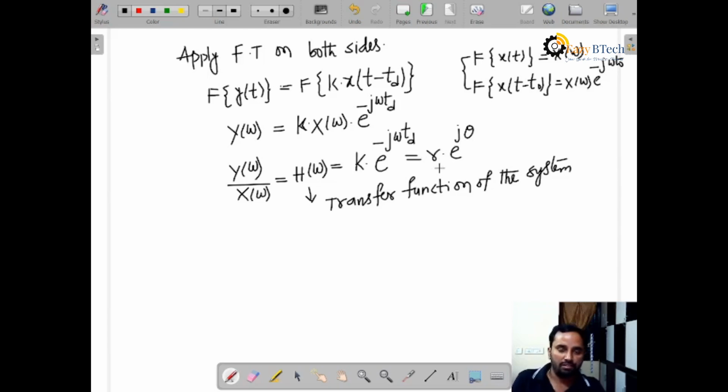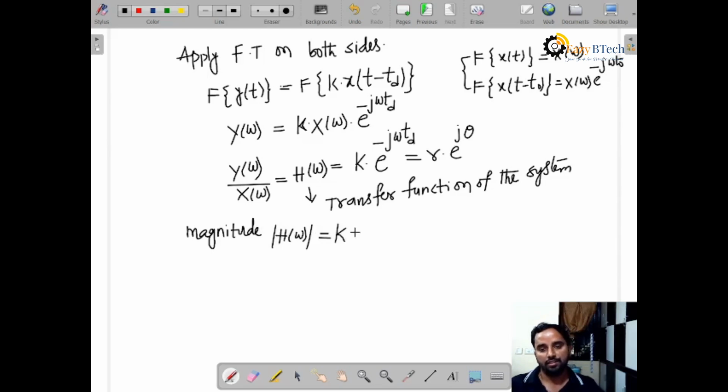So what is r called? Magnitude. So here the magnitude of h of omega is equal to how much? K, which is a constant, right? The magnitude is constant and independent of frequency. There is no omega term in k.